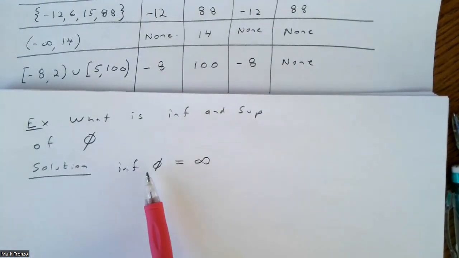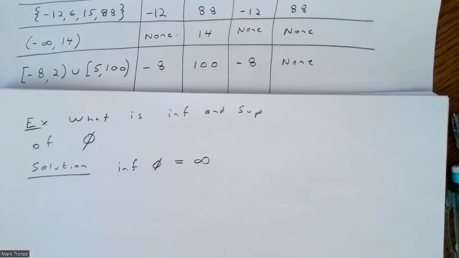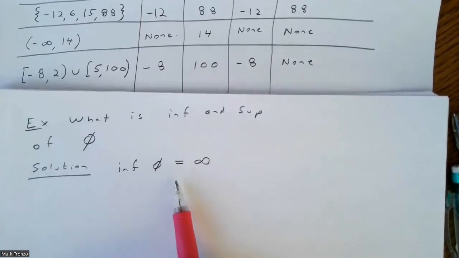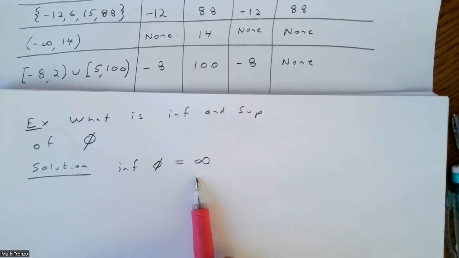And if you take 1,000, 1,000's theoretically smaller than everything in the empty set. 1,000,000 is smaller than anything in the empty set. 1,000,000,000,000. So the greatest lower bound is infinity, because that's as high as you can go.